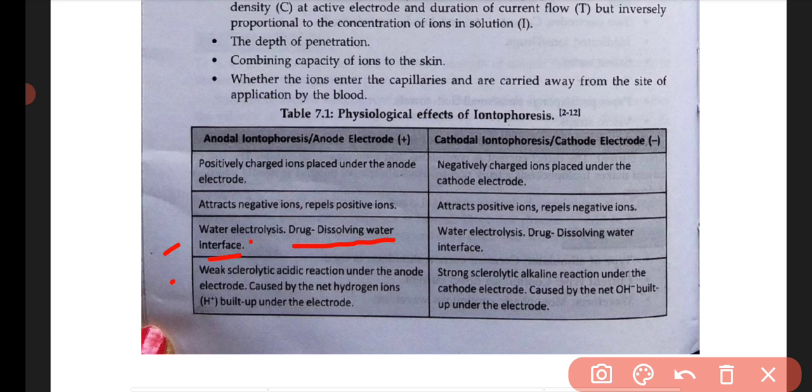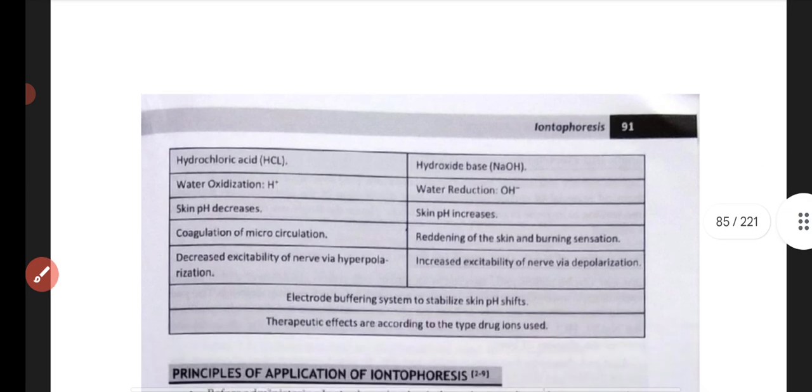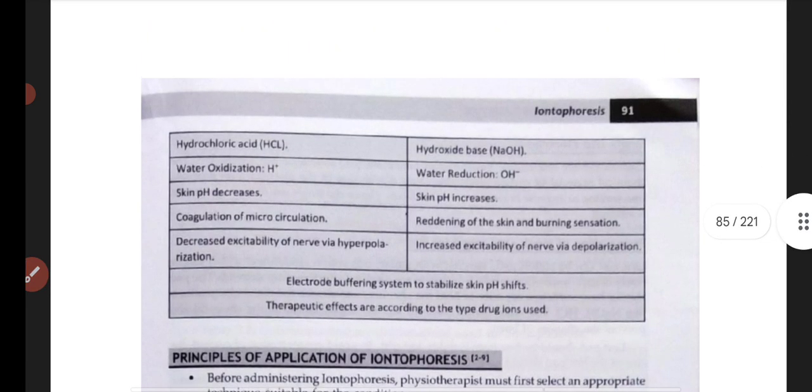Number 4, weak sclerolytic acidic reaction under the anode electrode, caused by the net hydrogen ion, H+, built up under the electrode. Next is hydrochloric acid, water oxidation is the H+. Skin pH decreases, coagulation of microcirculation, and increased excitability of nerve via hyperpolarization.